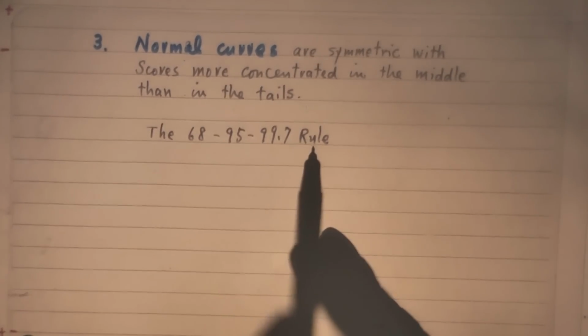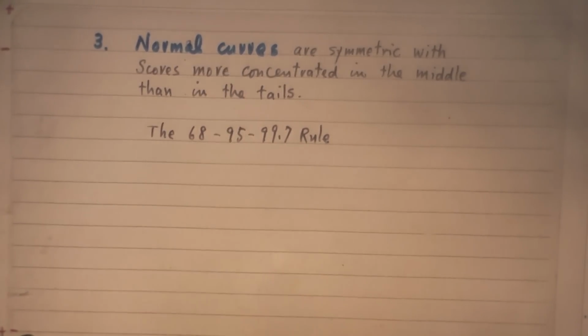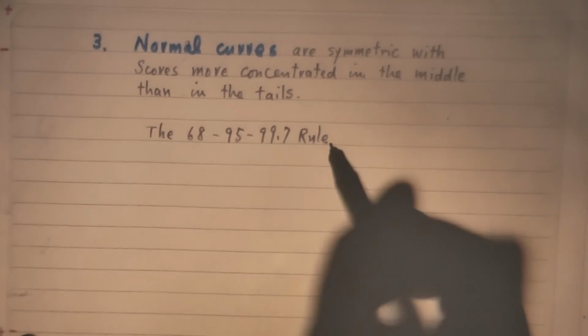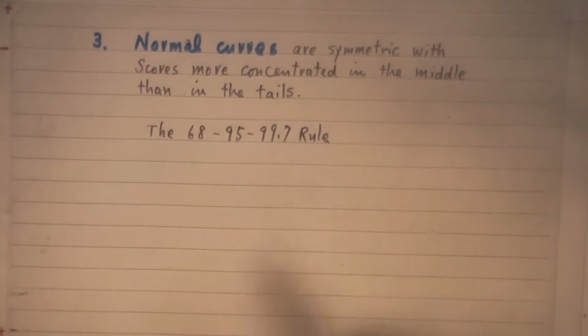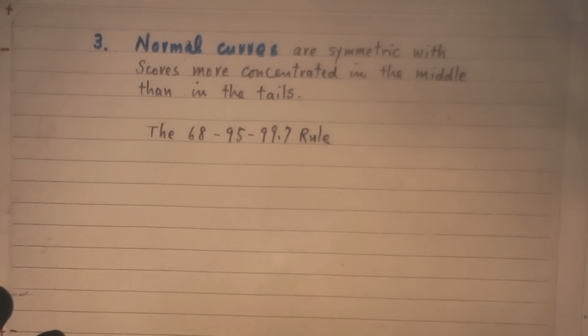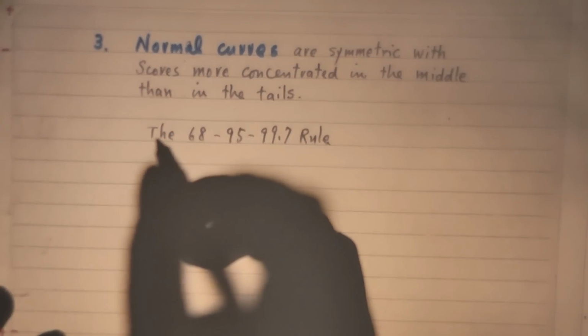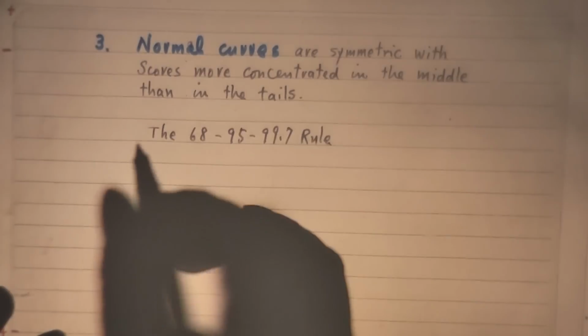This rule reflects this very important property of a normal curve. But before I introduce the 68, 95, 99.7 rule, I need to introduce a notation first, okay? And we're going to use the notation from now on to the end of the semester.